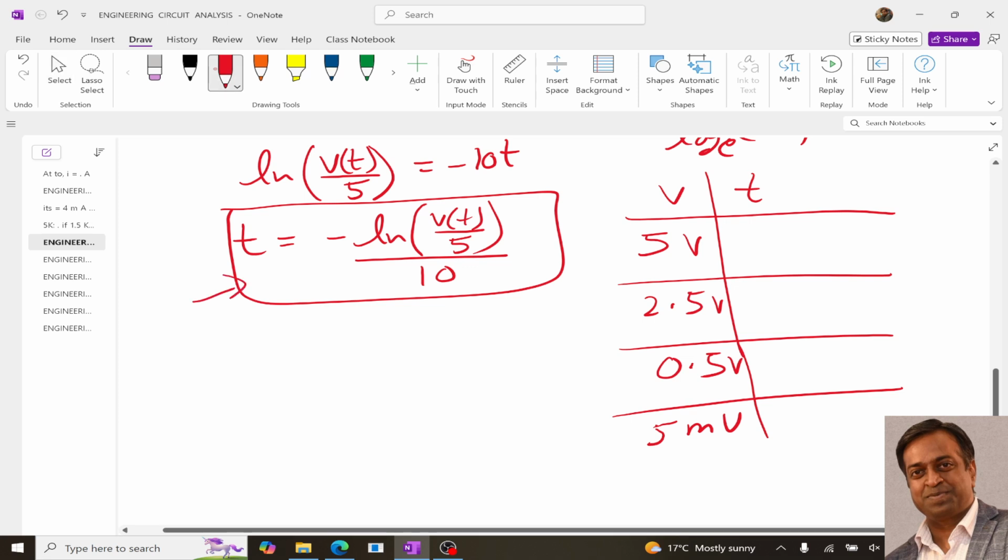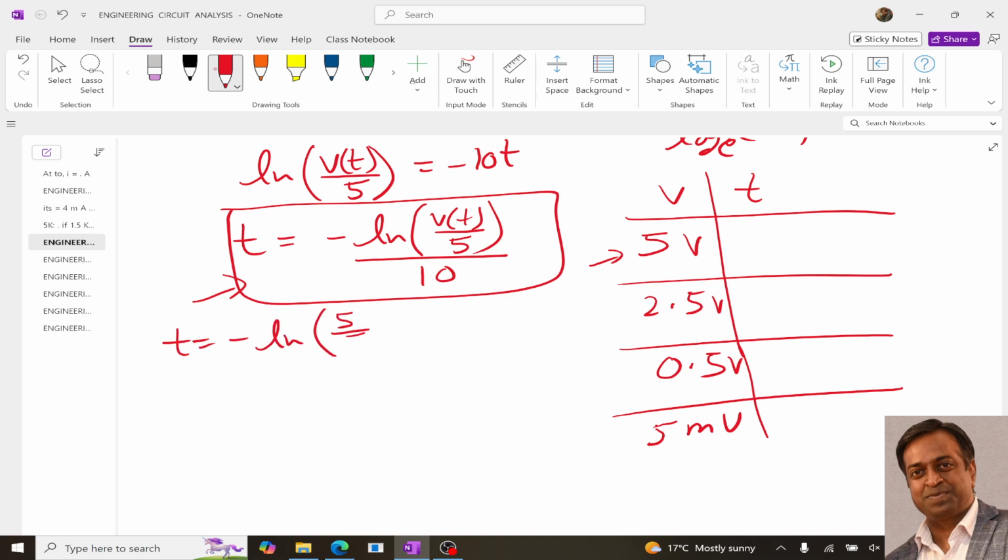Using this formula, for the first case we get t is equal to minus ln of 5 upon 5, upon 10. So you will get minus ln 1 upon 10, and the answer to this will be, let me calculate it on a calculator.